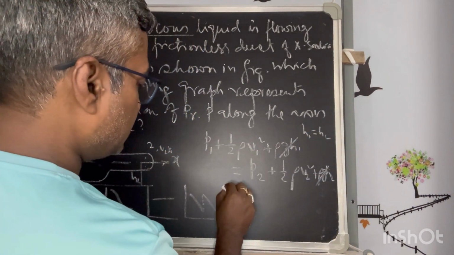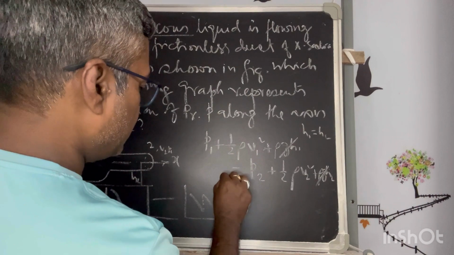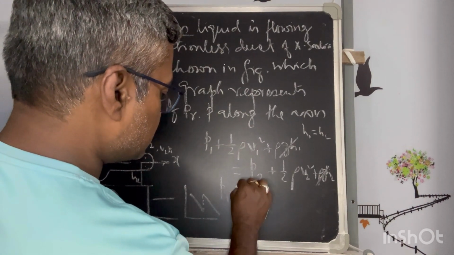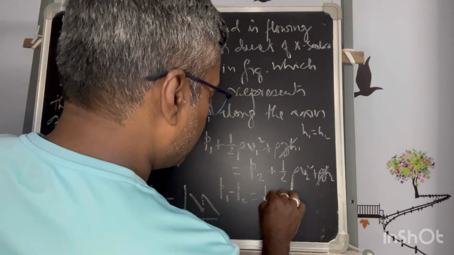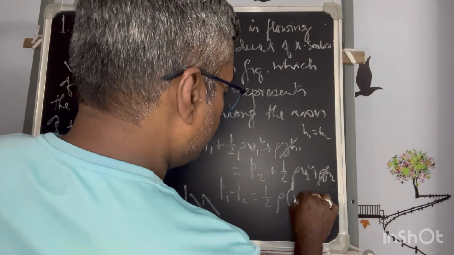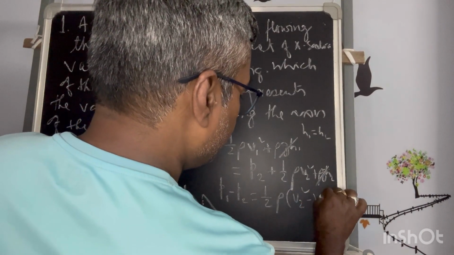So what is remaining? P1. I am bringing P2 to one side, and I get P1 minus P2 equals half rho into V2 square minus V1 square.